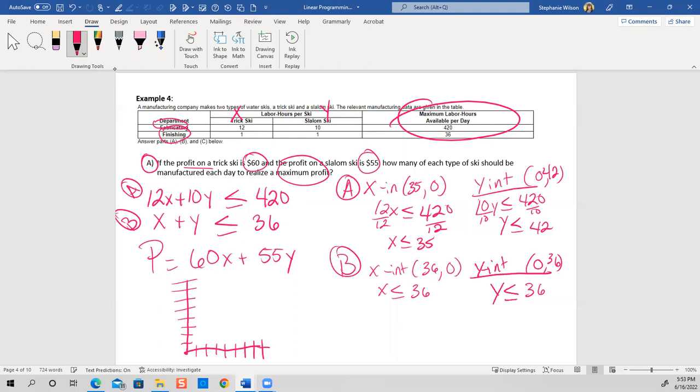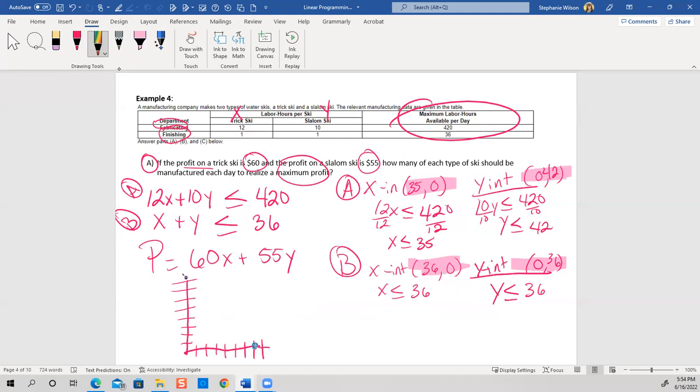All right. So on my A, I get an x-intercept and a y-intercept. So my x-intercept is (35, 0). So I'm going to go here, and then 42 for the y, right above that.